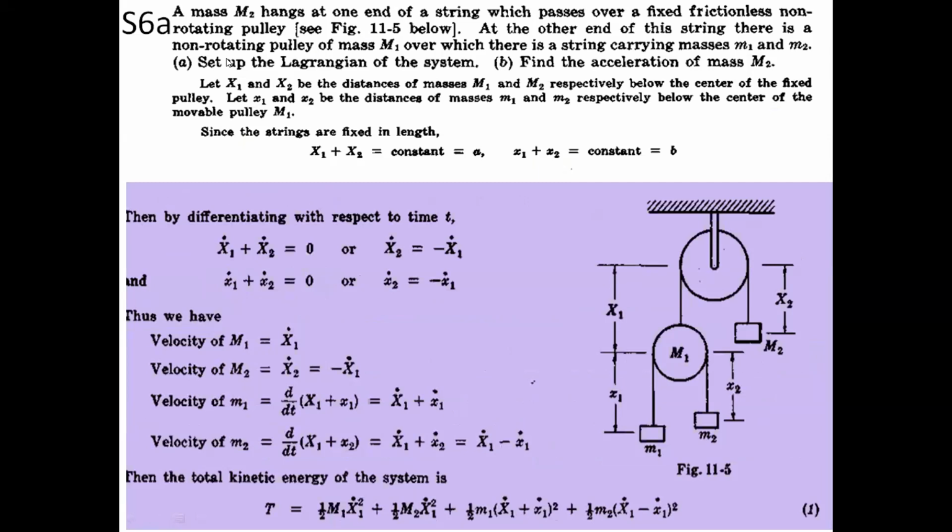As you can see in the diagram, a mass M2 hangs at one end of a string which passes over a frictionless non-rotating pulley, and at the other end of the string there is a non-rotating pulley of mass M1, over which a string carries masses m1 and m2.